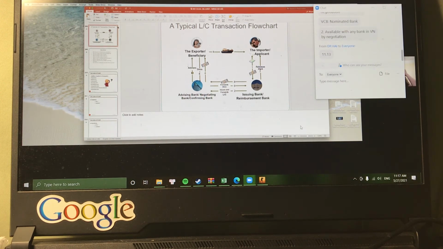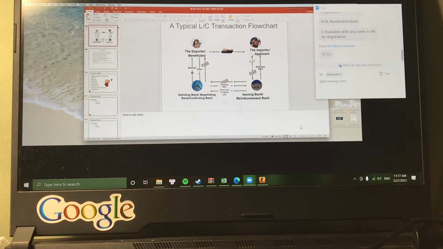Go on with step number 2, please. Miss Huyền Trang, number 2. And then the issuing bank forwards the LC to the... Moment. The issuing bank receives the ALC, application form for LC, from the importer.